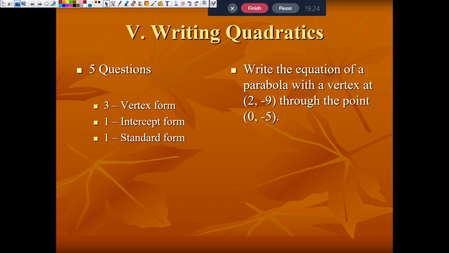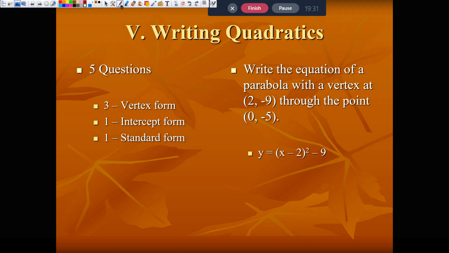So this is going to be vertex form because we give you the vertex and a point. So to solve that, we will have our equation, which is y equals a times x minus h squared plus k.